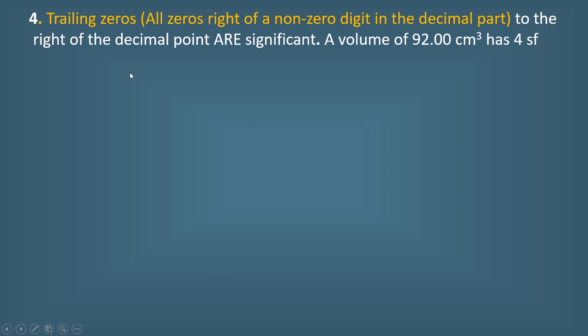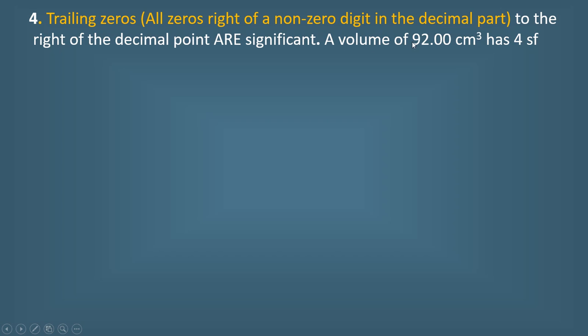Let's take this very seriously. Trailing zeros to the right of the decimal point are significant. All zeros right of a non-zero digit in the decimal part are trailing zeros, and they are significant.